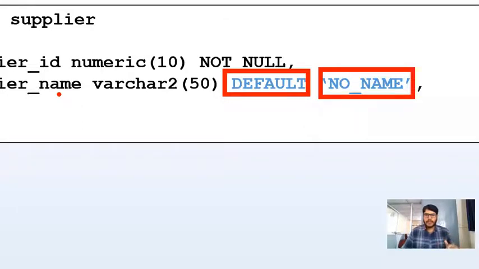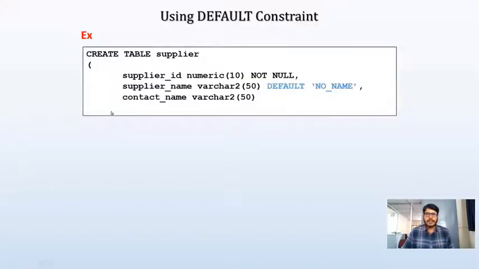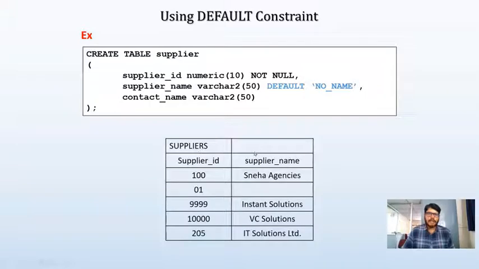But instead of storing a null value, it will store this default value. So let me show you how it will insert. And contact name, I'm going to define as the last column, and I'm going to close this statement by using a semicolon. So it will create a supplier table like this.